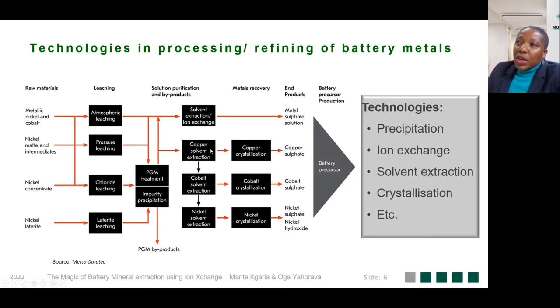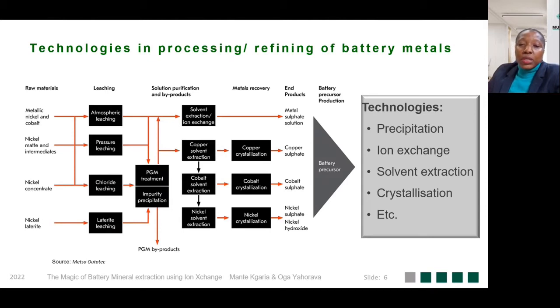The typical purification technologies used are normally precipitation, solvent extraction, and crystallization, including also ion exchange. The purified concentrated metal sulfate solutions are then evaporated and crystallized to form metal sulfate crystals as end products to be used in the precursor manufacturing process.